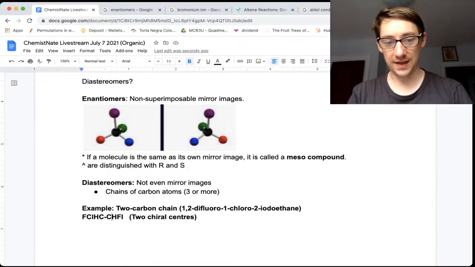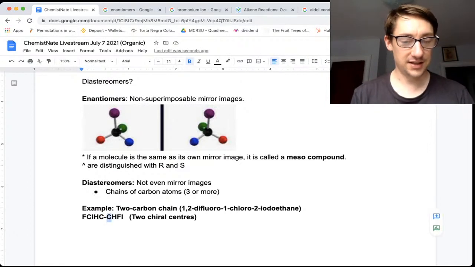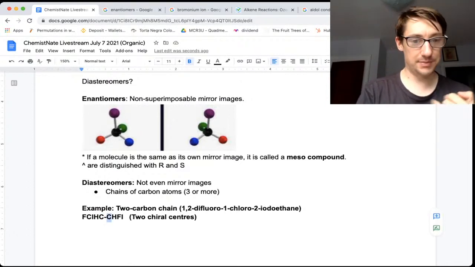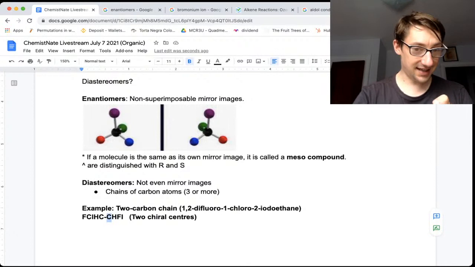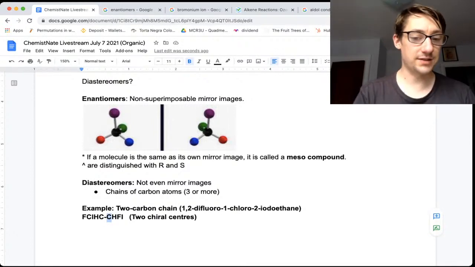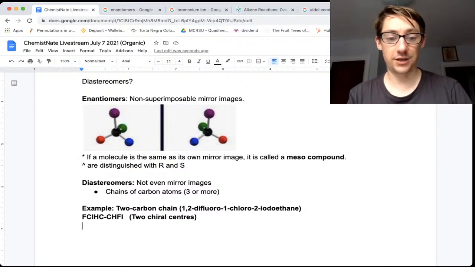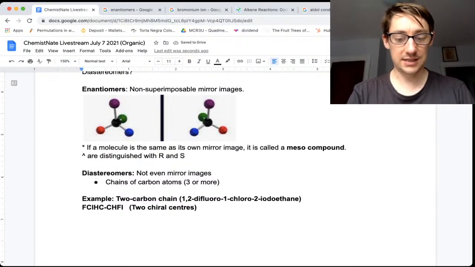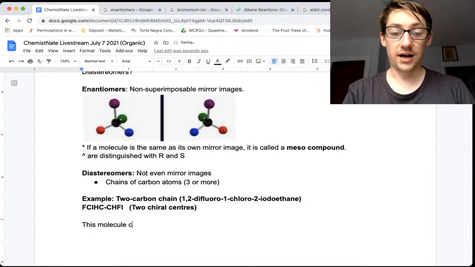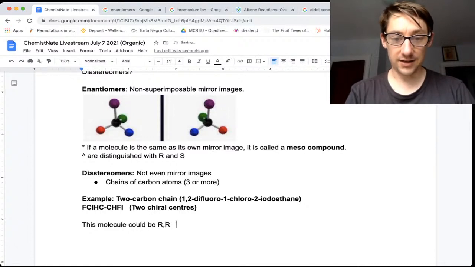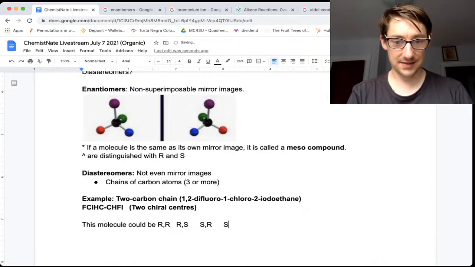That's 4 different things. Therefore, it's a chiral center. This carbon has a carbon, hydrogen, fluorine, and iodine connected to it. So that's 4 different things as well, which means that there's 4 different configurations for this molecule. This molecule could be RR, RS, SR, and SS.